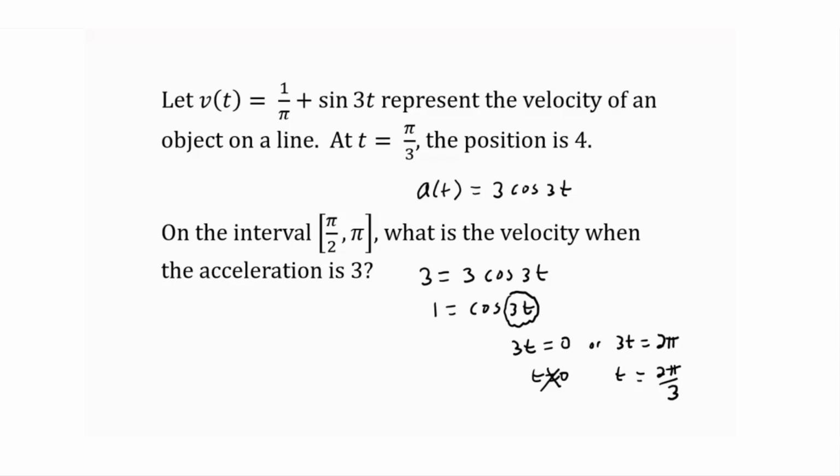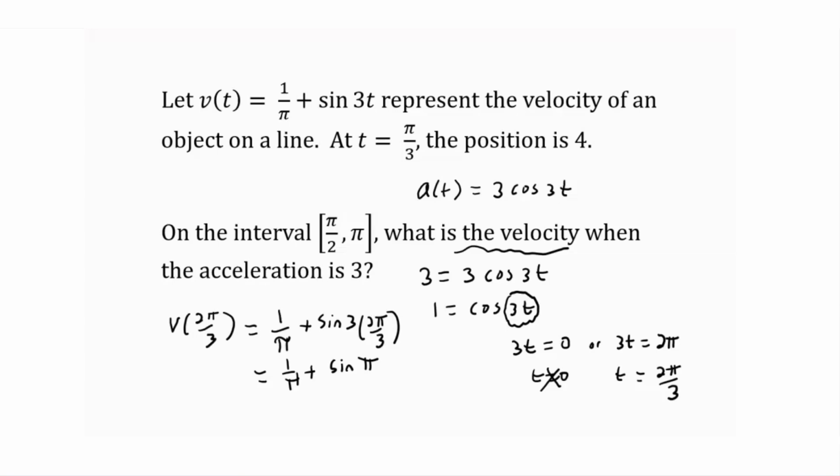So I'm going to take that 2 pi over 3, and I want to know what is the velocity when the acceleration is 3. I'm going to plug in 2 pi over 3 into the velocity, and I would get 1 over pi plus sine of 3 times 2 pi over 3, which would equal 1 over pi plus sine pi.